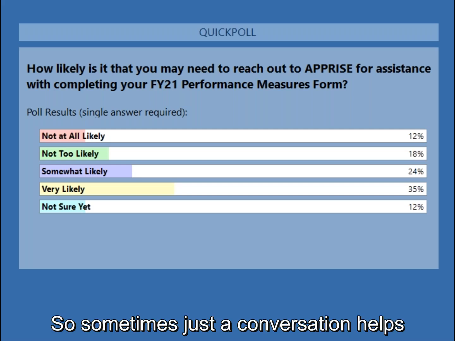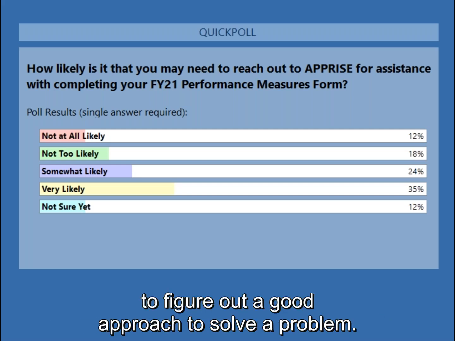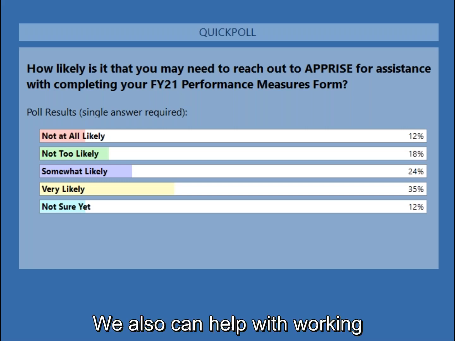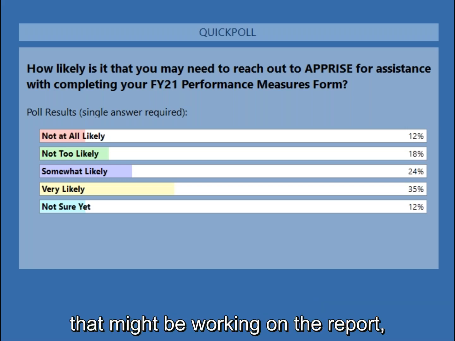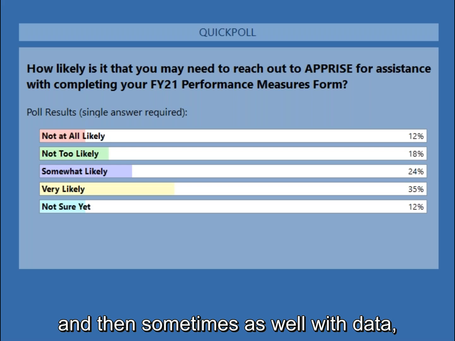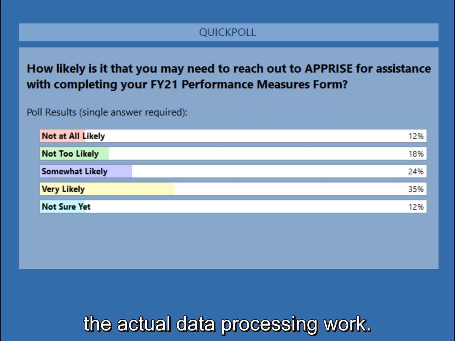So sometimes just a conversation helps to figure out a good approach to solve a problem. We also can help with working and communicating the information to different people that might be working on the report, and then sometimes as well with data, the actual data processing work.